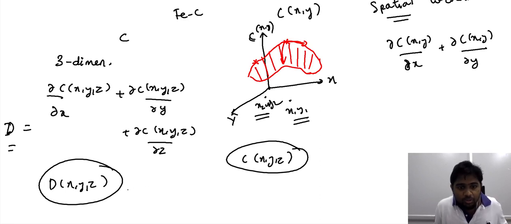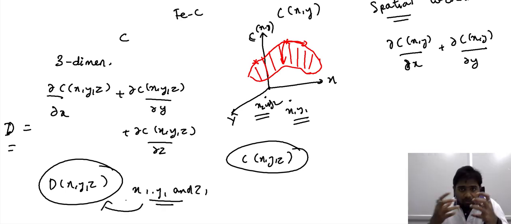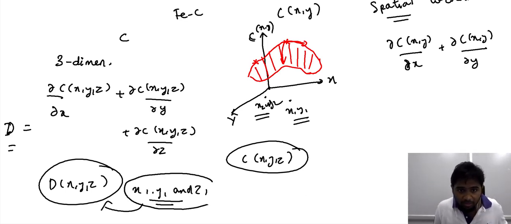Then if I consider a specific point, say x1, y1 and z1, and substitute those values, I would know how my concentration is going to change with respect to this point. What the slope is at this point is something that I would know from this expression here.